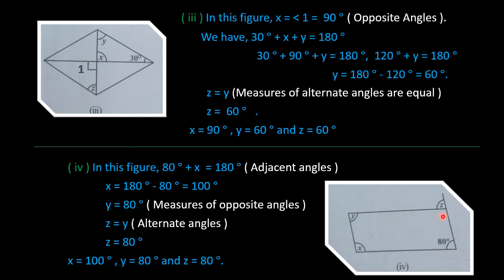So z and y become alternate angles, so their measurements will be equal. So z is also equal to 80 degree. So the measurements are x equal to 100 degree, y equal to 80 degree and z equal to 80 degree. Okay children.